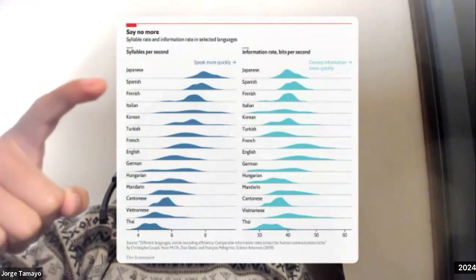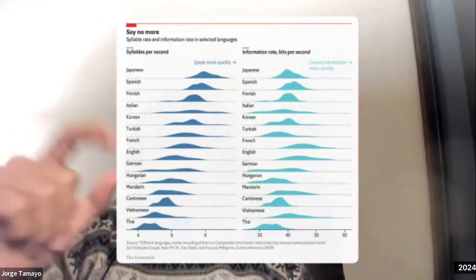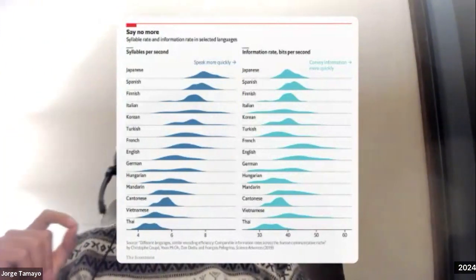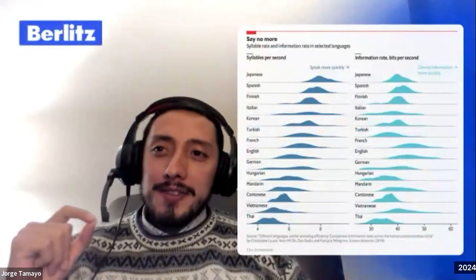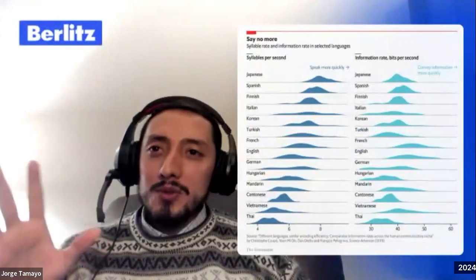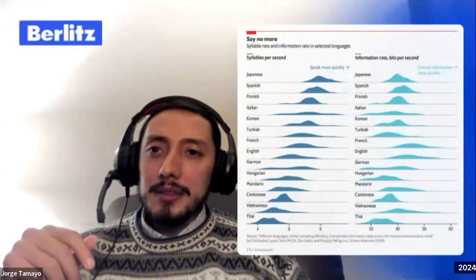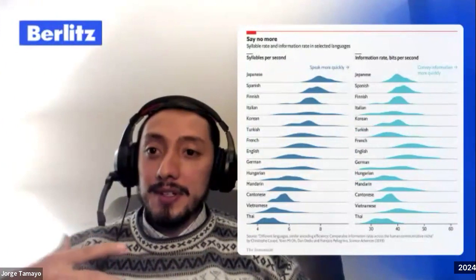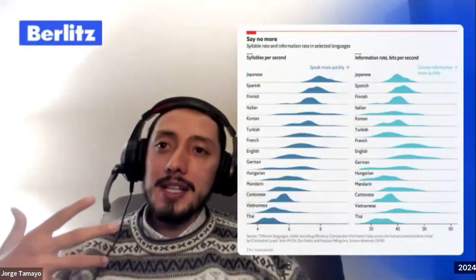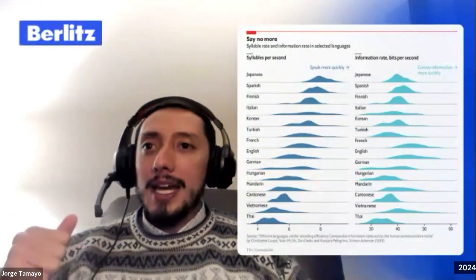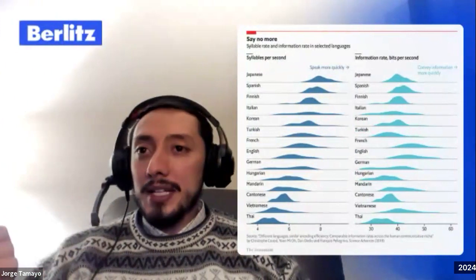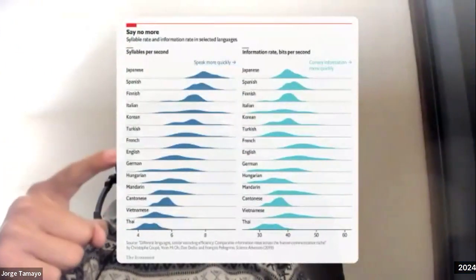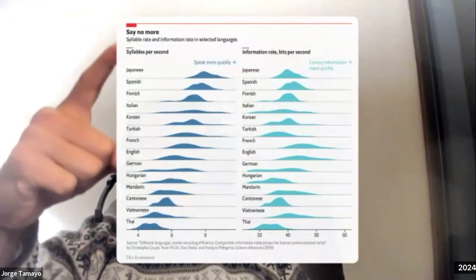As you can see, Spanish is one of the fastest languages. One of the fastest languages, almost 10 syllables per second, right? So it's a very fast language, right? And if you compare that to English, that is over here, we have a big difference.